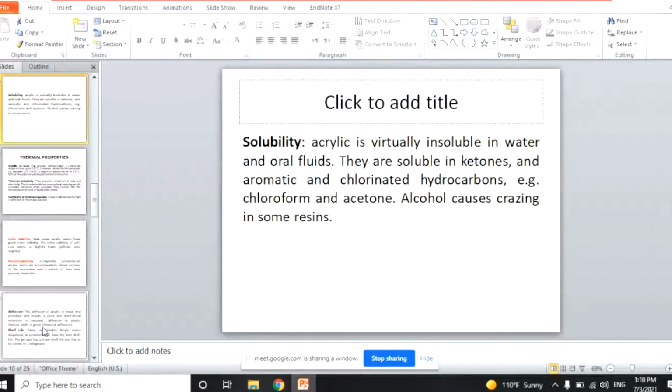About the solubility, it is insoluble in water and oral fluid, but some materials can affect the denture base, like hydrocarbons, for example chloroform and acetone alcohol. Usually they can cause solubility and crazing in some types of acrylic resin.